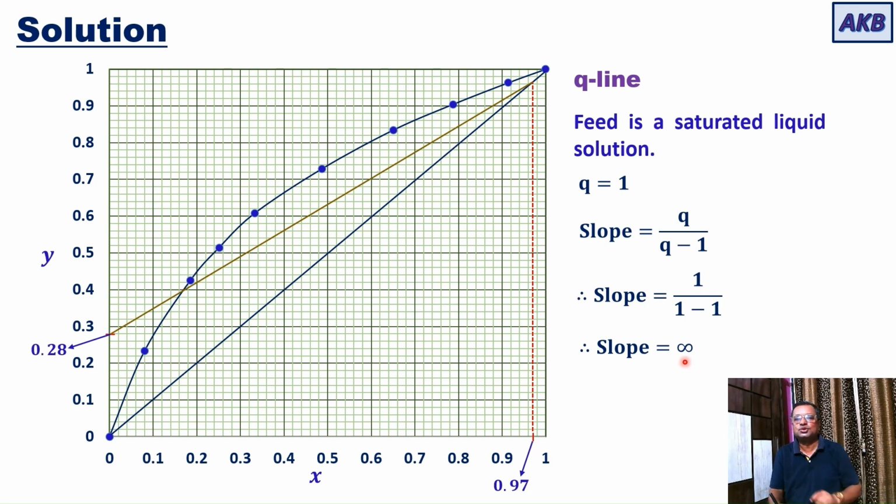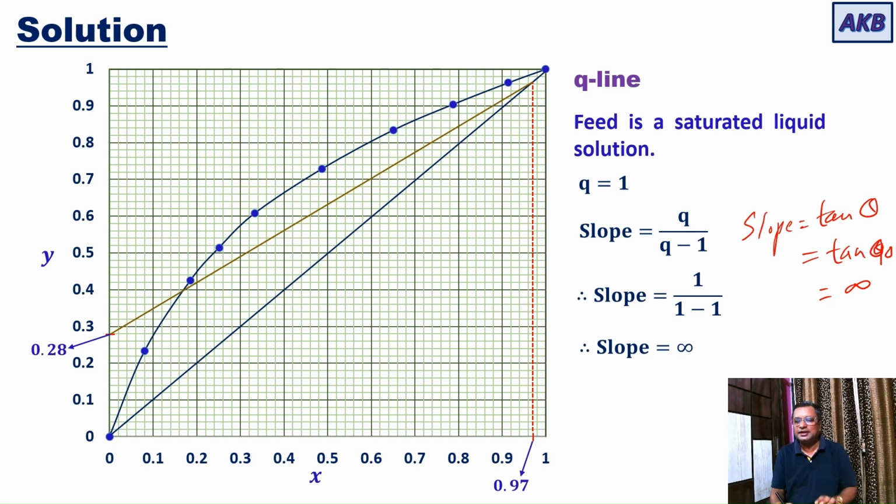And a line whose slope is infinite is a vertical line, because the slope of a line is tan of the angle made by it with the horizontal. And if theta is 90, that is the line is vertical. If theta is 90, then the slope will be infinite.